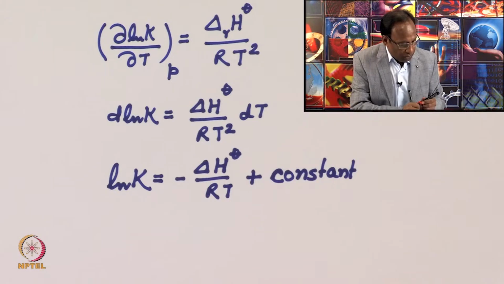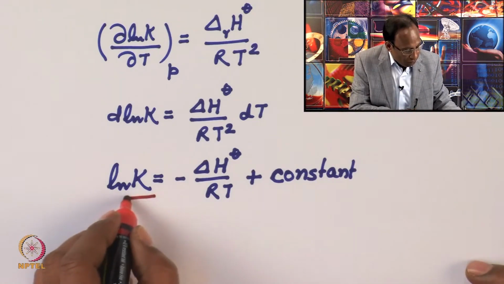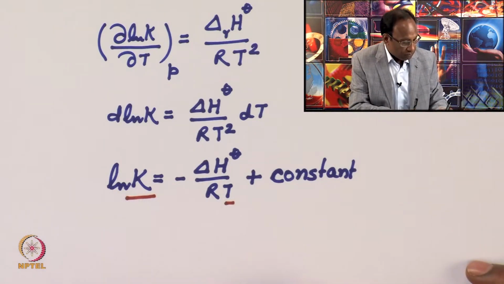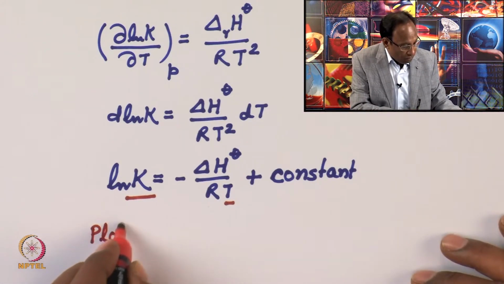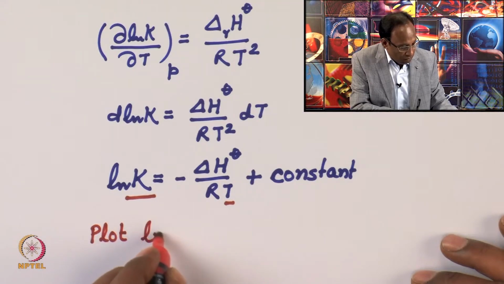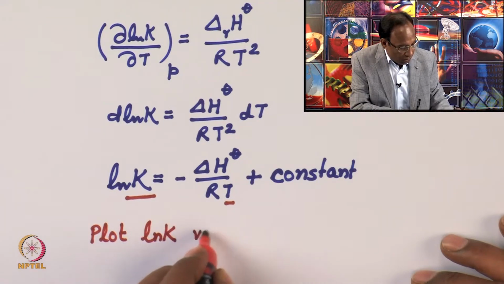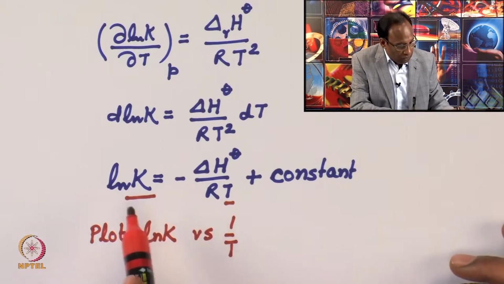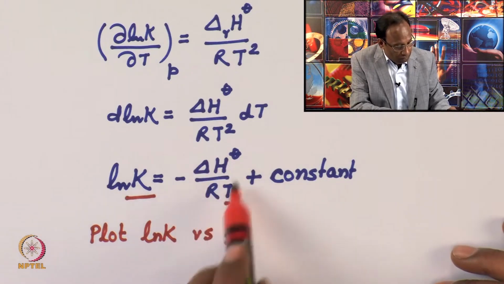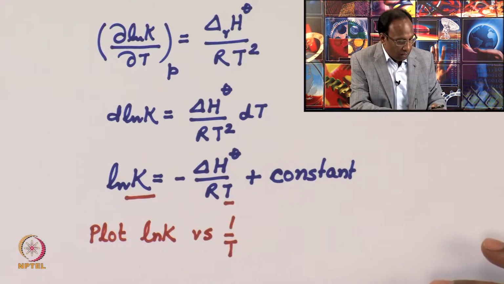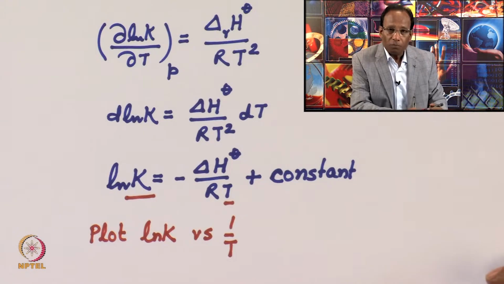Now, what we have been given is the value of k at different temperature. So, what we will do is we will plot log k against 1 by T, and obviously when you plot log k against 1 by T, minus delta H naught by R is the slope.